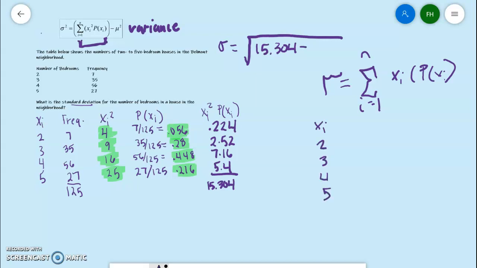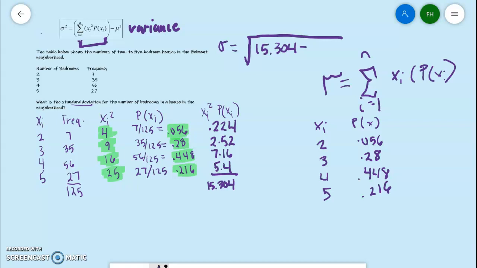We know what x is, and we know what the probability of x is. So now what we have to do is just multiply those two numbers. Once you do the first part, the information is there. I just like to copy it over so I don't use the wrong numbers, but you can multiply it without copying it over if you want to.